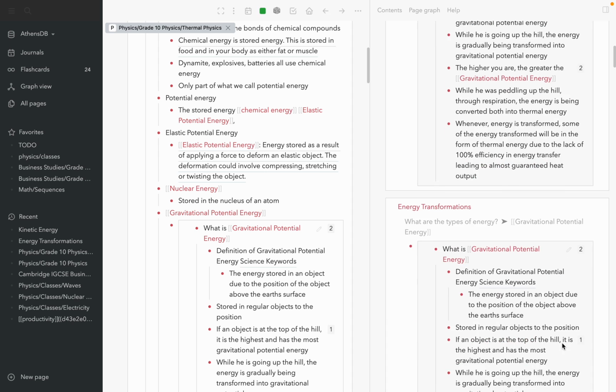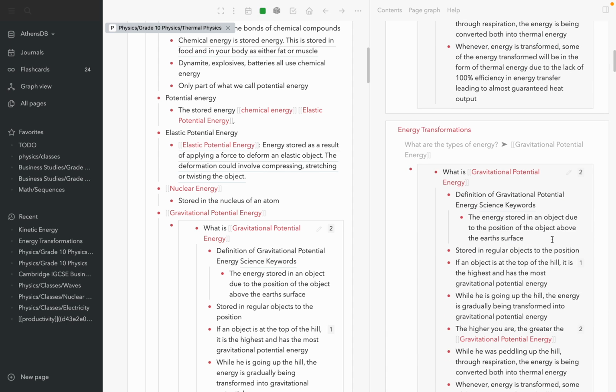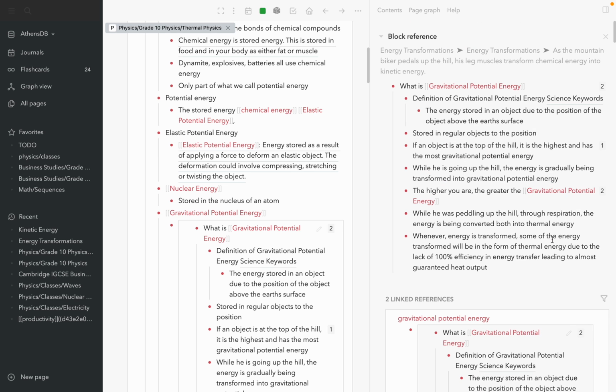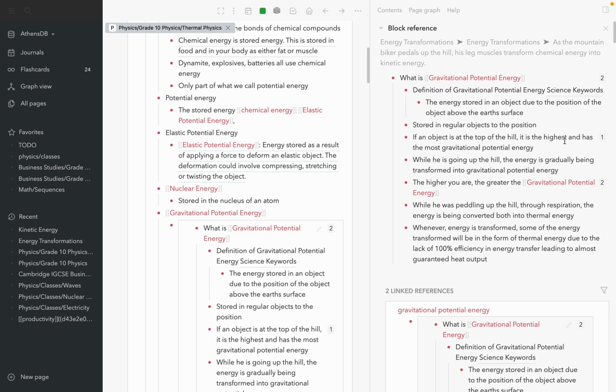This is located somewhere else on this page because it's quite a long page, but whenever I want to refer to this, I add to this block and it's reflected everywhere.